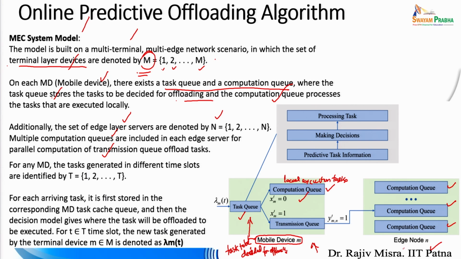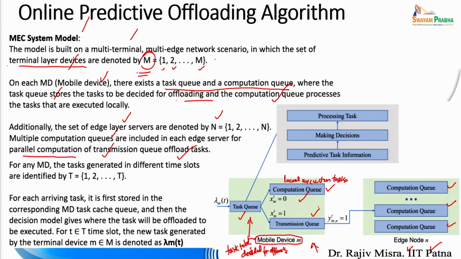So, here you can see that this edge node N has multiple computation queues. Multiple computation queues are used for parallel computation of the transmission queue offload tasks.